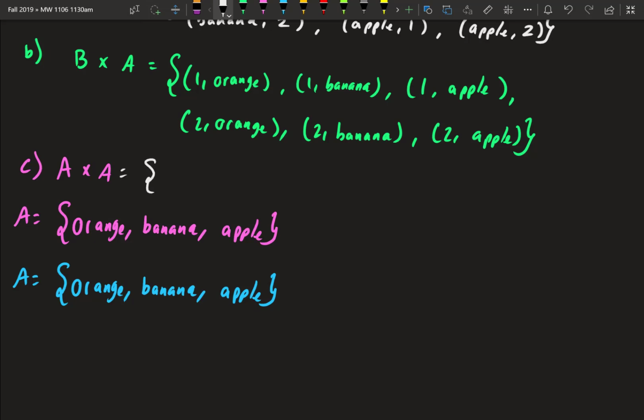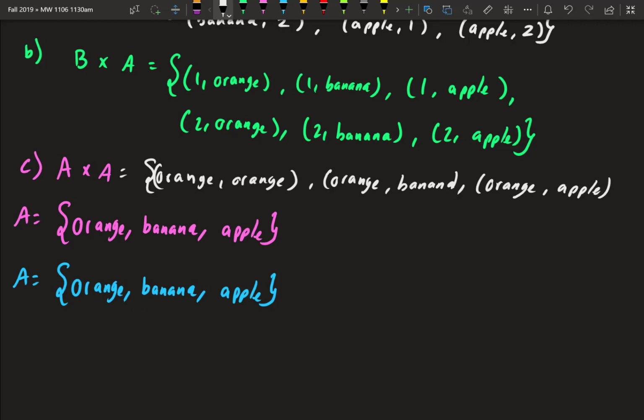So orange, orange, orange, banana. I'm going to do OB. And then orange, apple, so I'll do OA. I won't be lazy, I'll write it out. And then orange, apple. Now we do banana, orange.